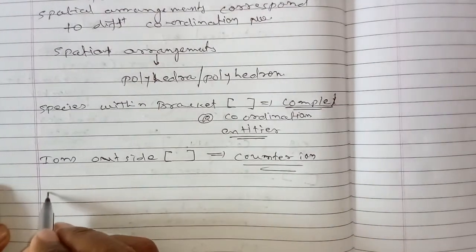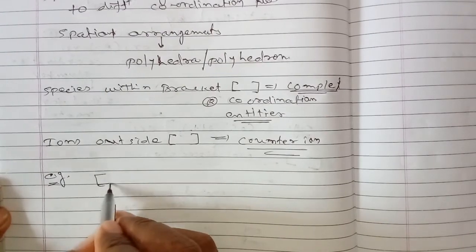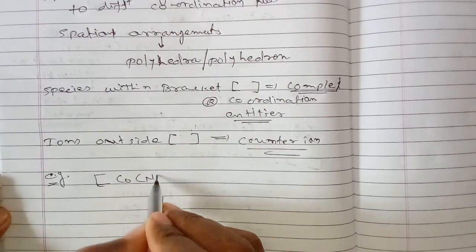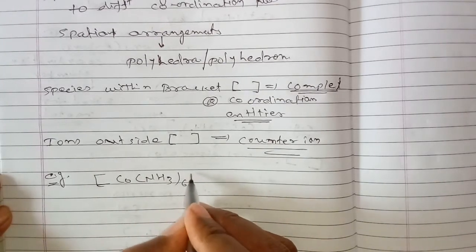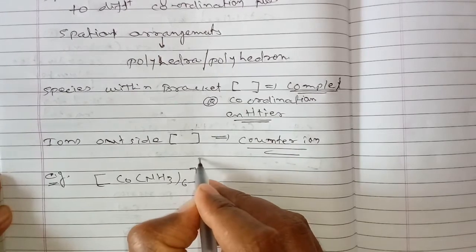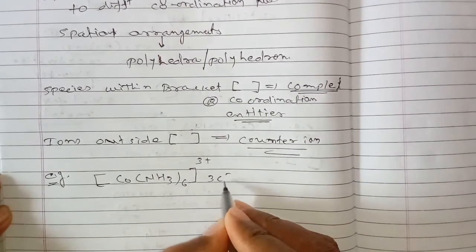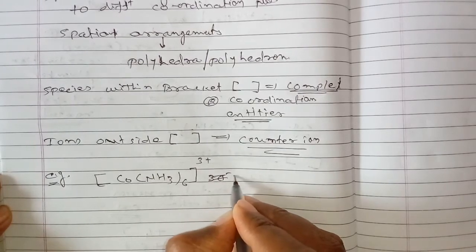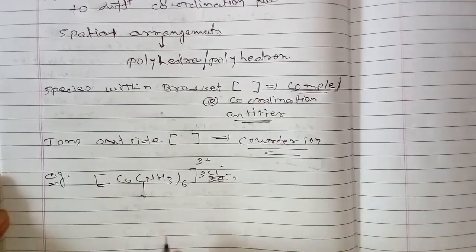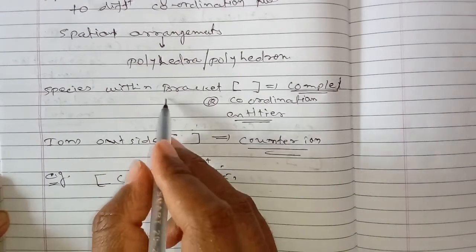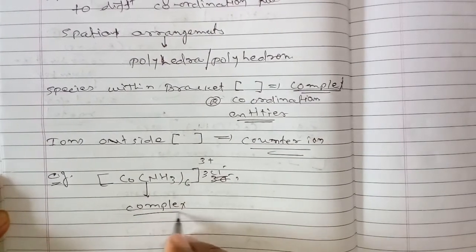For example, in the square bracket, cobalt is bonded with 6 molecules of ammonia, NH3 6 times, its charge is 3 plus, and here 3 Cl minus. The species within the square bracket is said to be the complex.